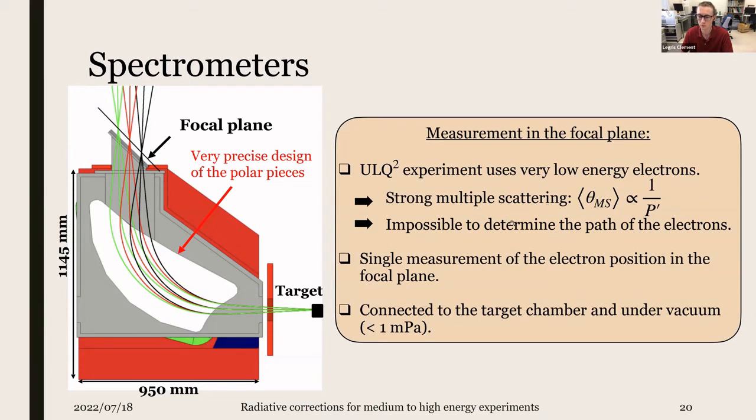So for us, it's impossible. What we do is a single measurement of the electron position in the focal plane. And to reduce the possible scattering on the way, we keep the spectrometer under vacuum and connect it to the target chamber.